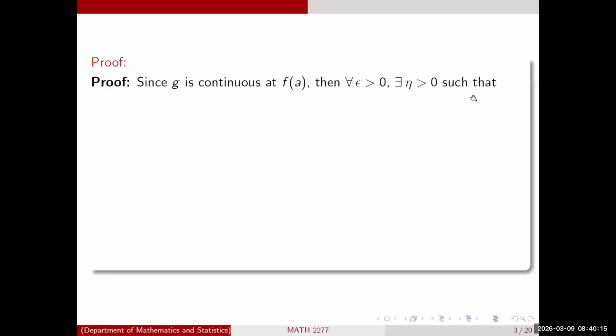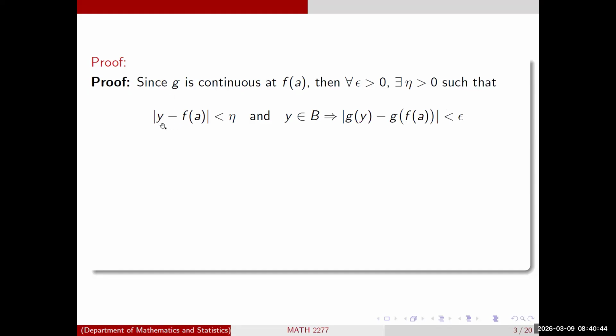So there exists an eta bigger than 0 such that if y minus f of a is less than eta and y belongs to the domain of G, the corresponding image of the function values is within epsilon. Even though this looks a little bit different, it is the same definition of continuity.